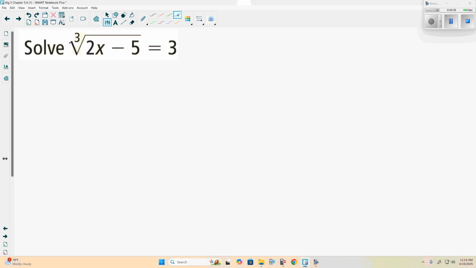We have one radical. It is by itself, so we're going to put both sides to the third power. And again, the cubed root and third power would cancel, telling us that 2x minus 5 is equal to 3 cubed. Well, I do know 3 cubed. 3 cubed is 27.